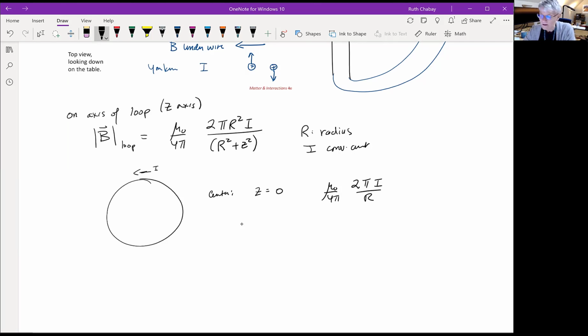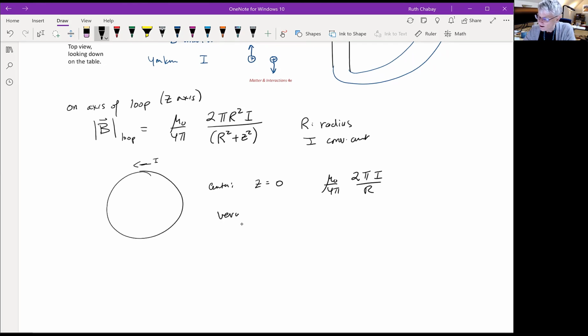Oh, sorry, the denominator is to the 3/2 power. I missed something there. Very far away, we get mu 0 over 4 pi, 2 pi r squared I over z cubed, which is exactly the dipole dependence. And if we had 3 loops, we'd get 3 times as much.